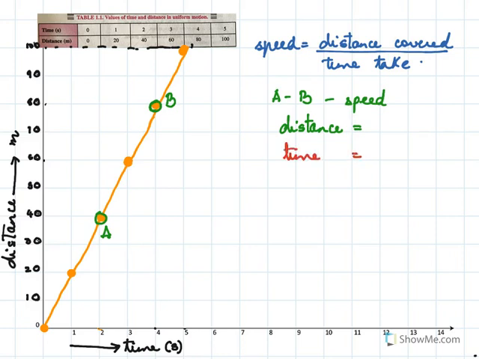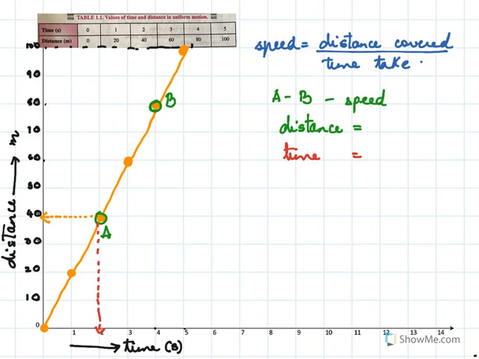Now how to find the distance covered? At point A, what is the distance? This is point A, and the distance is 40. And the time is 2 seconds.